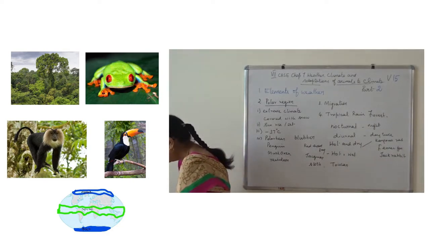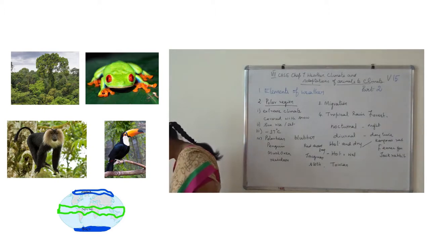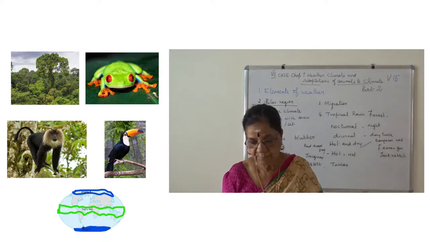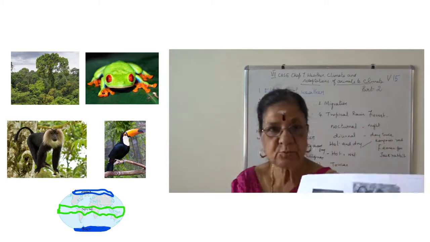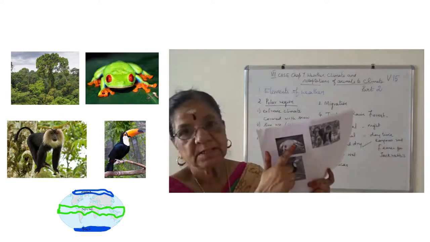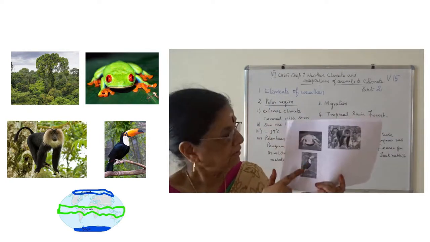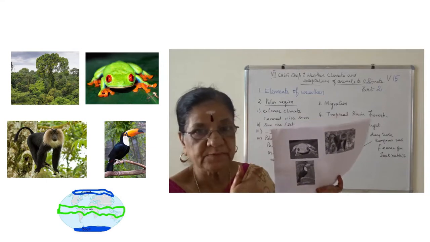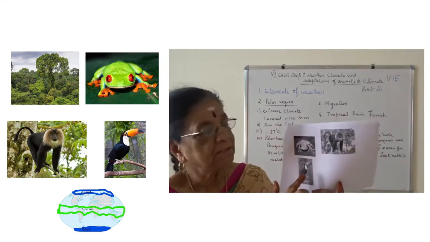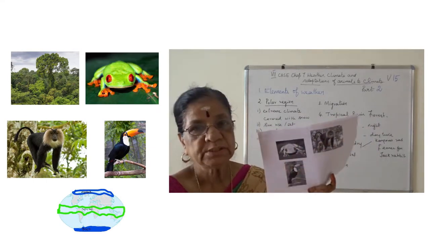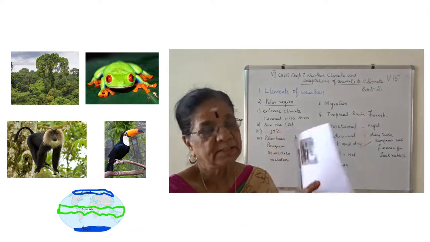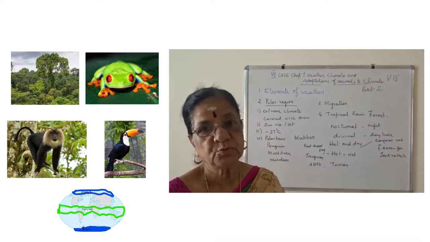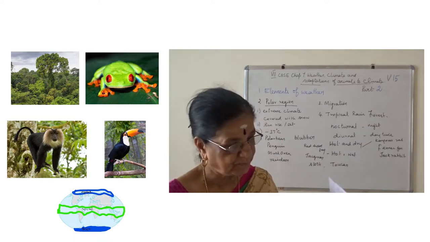So here, another animal will come in the video. This is the red eyed frog. This is taken in color; the picture will come in the video. And this is the long tailed monkey. Or we say monkey. These three pictures will come for us. Okay?